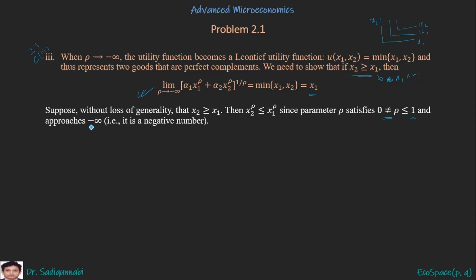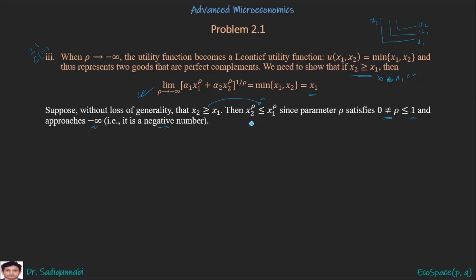So if rho is a negative number, then the inequality reverses when rho is in the power.